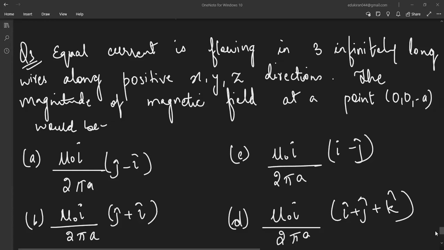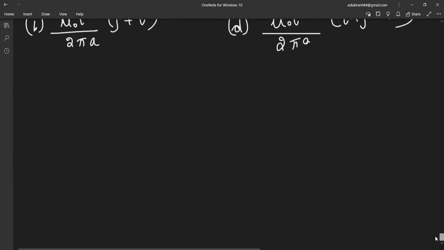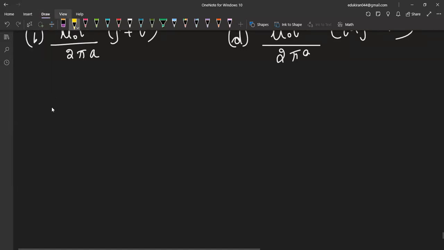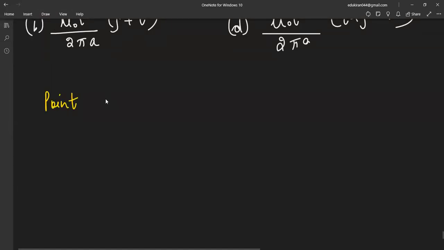This is actually a very good question because all the options are almost similar with just plus minus signs different. Which is the point that is given to us? Point is 0, 0, minus a. So it lies on the Z axis, right?